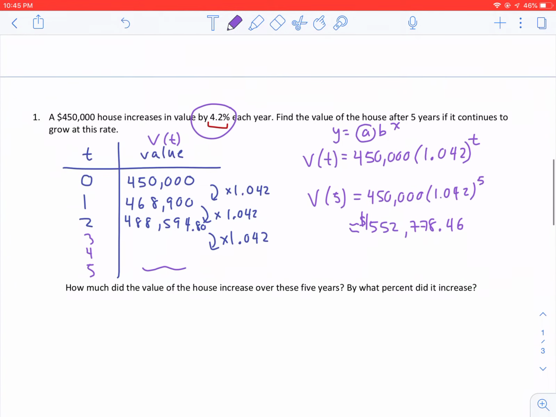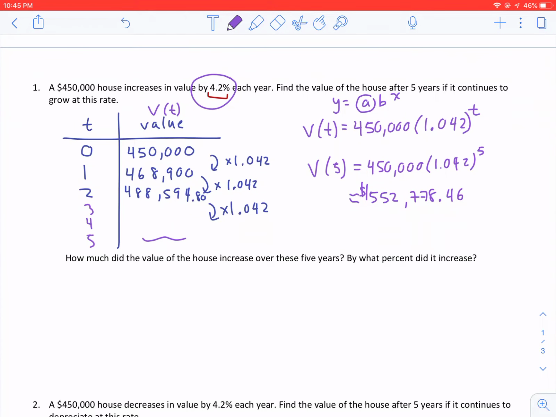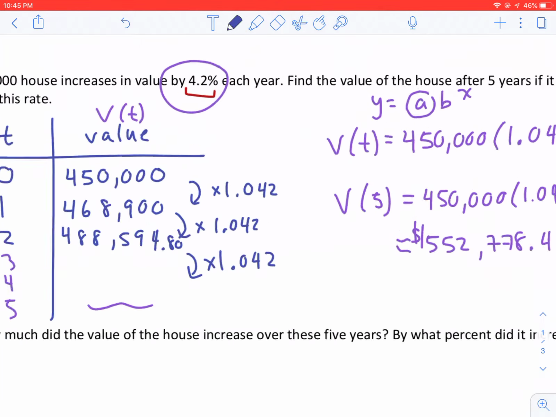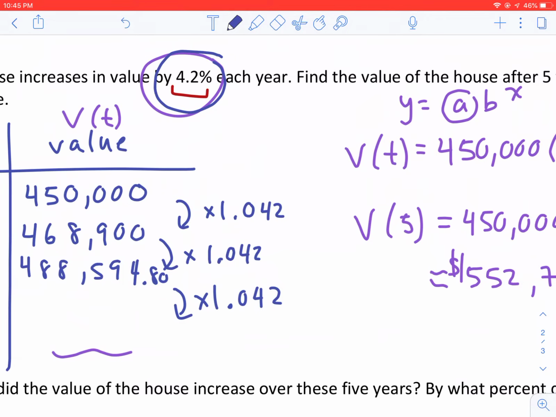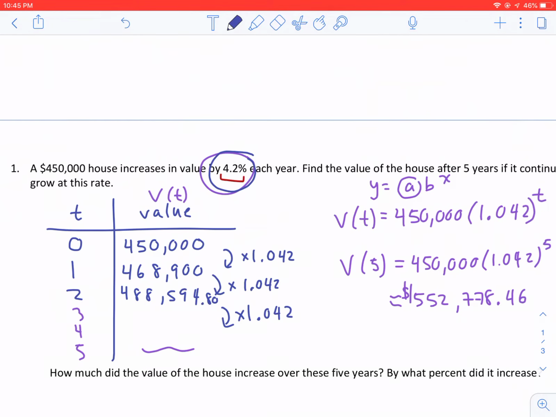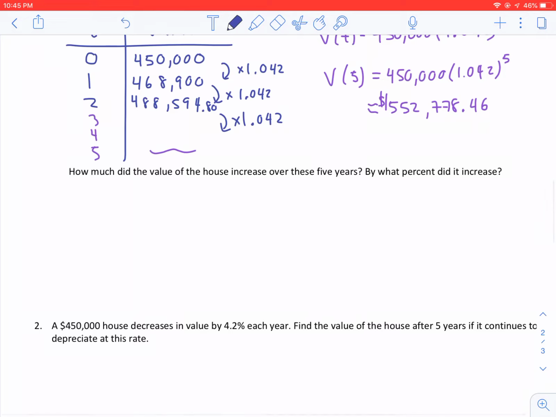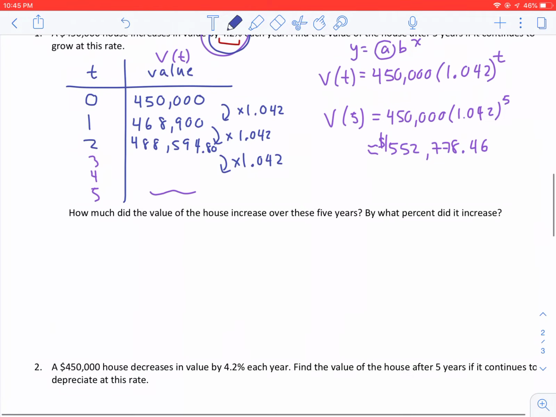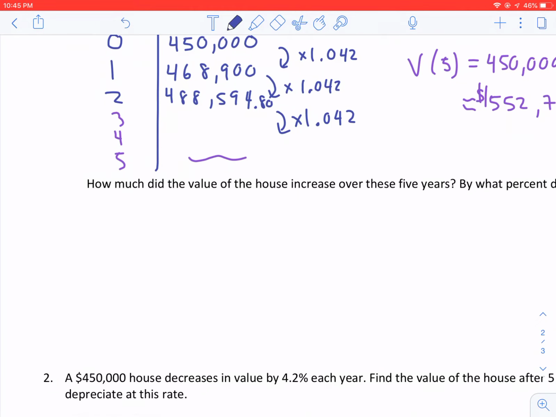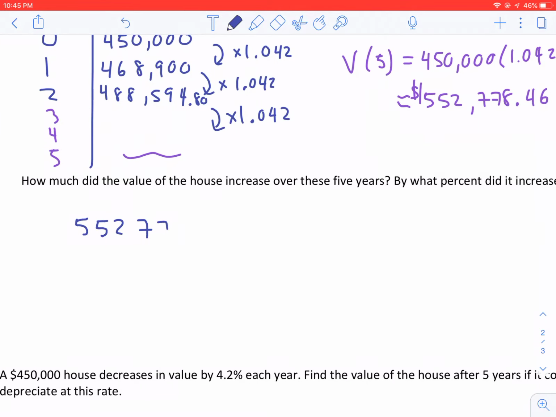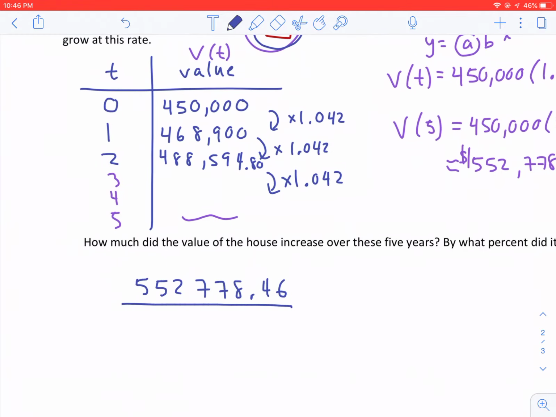So how much did the value of the house increase over these years? By what percent did it increase? So we know it's increasing by 4.2% each year, but over the 5 years, how much did it increase by? If you want to get the percent increase overall, what you can do is take the final price, 552,778.46, and divide it by the original price.